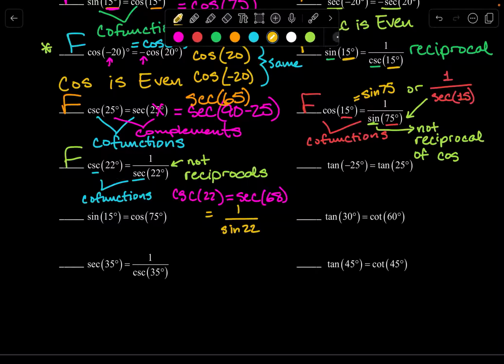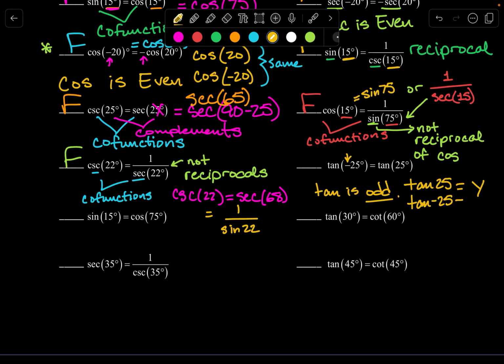All right, tangent with a negative input. Tangent is odd, which means if I have tan of 25, and let's just say it gives me x. No, it's an output, so let's make it y. But I have tan of negative 25.